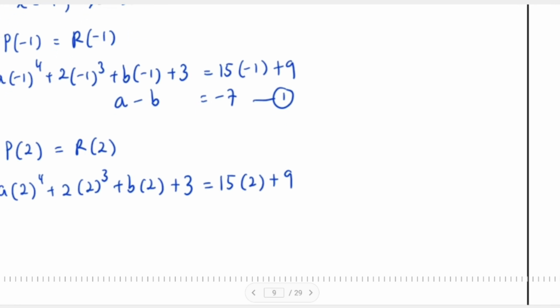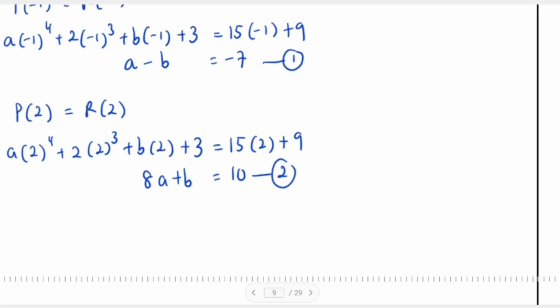So we're going to get the second equation, 8a plus b equal to 10. And then we solve it simultaneously and we get the answer a equal to 1 over 3 and b equal to 22 over 3.